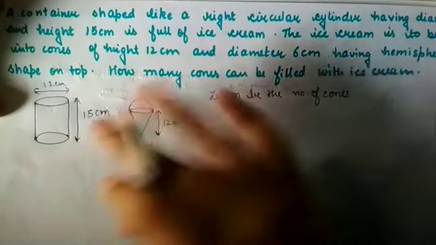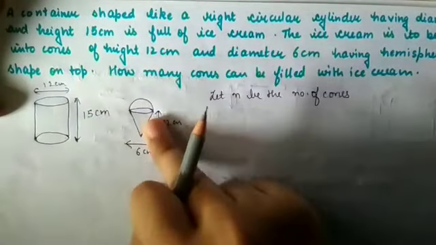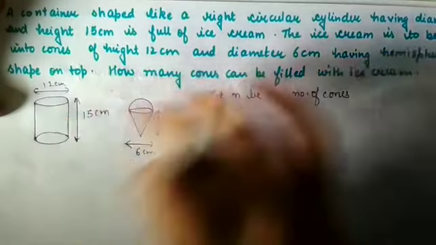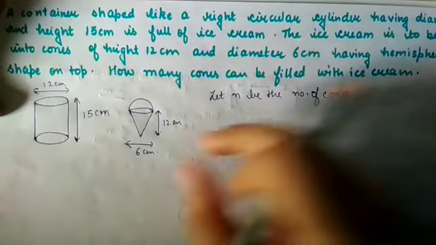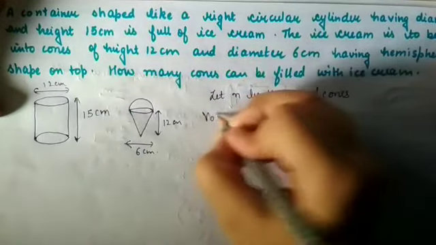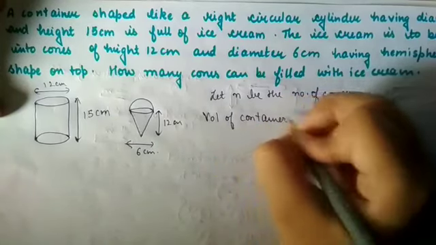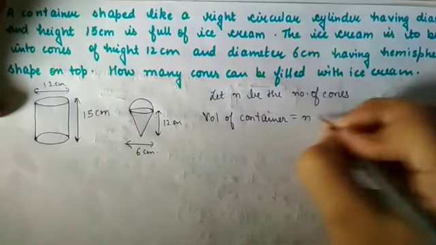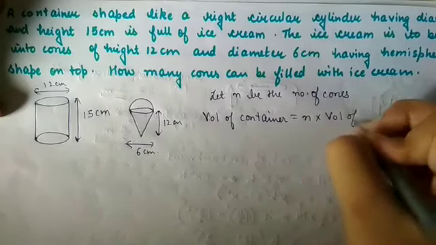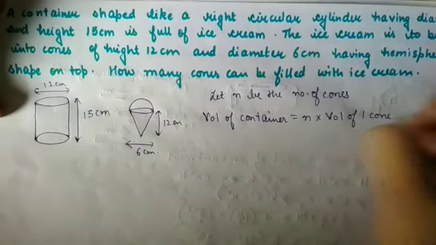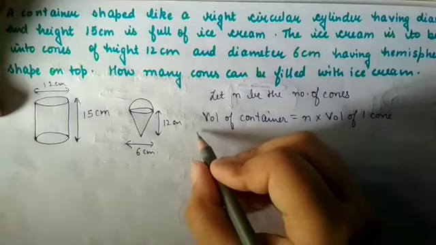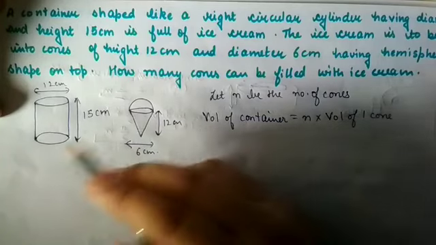Okay, because the same ice cream would be transferred in the cones, so the volume of the ice cream will remain same. Therefore we are saying volume of container is equal to n into volume of one cone. So volume of container means volume of cylinder.